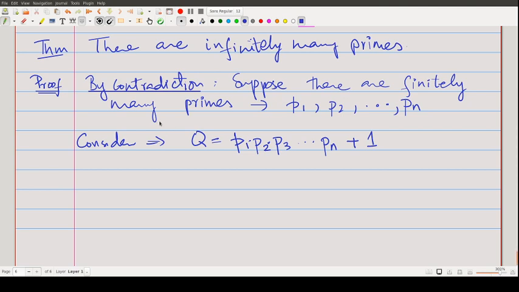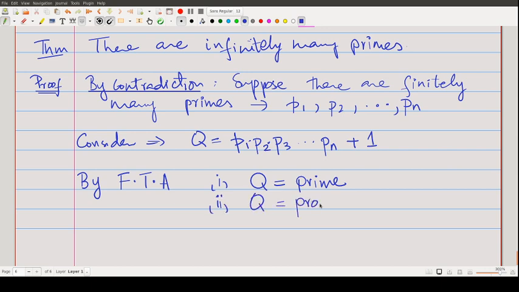And so now here's the idea. By the fundamental theorem of arithmetic, we have two possibilities. Possibility one is that q is a prime, and possibility two is q is a product of primes.